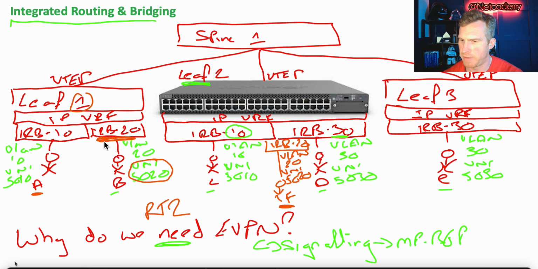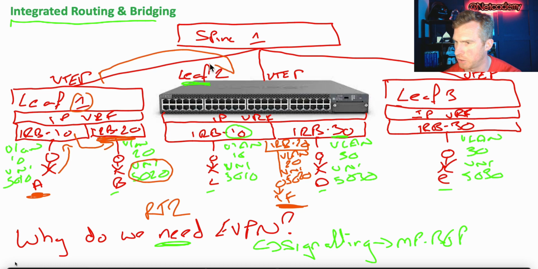When that traffic leaves user A, and again it's destined to user F, it will of course come up through the MAC-VRF and it will go to the IRB.10. So at this point we've done bridging, and now we're actually going to do routing, where it's going to go from IRB.10 over to IRB.20.